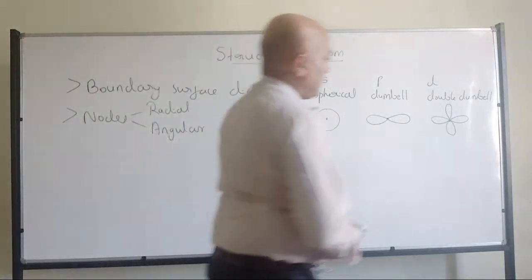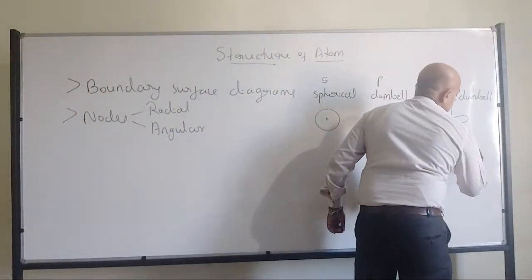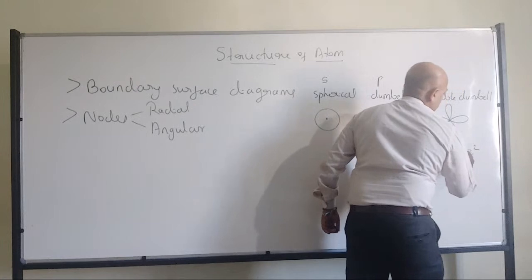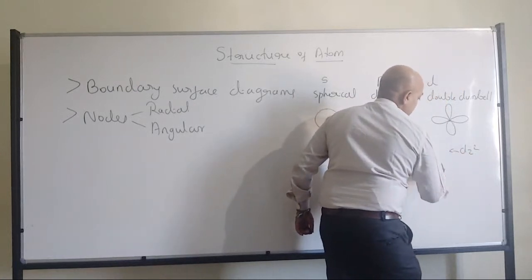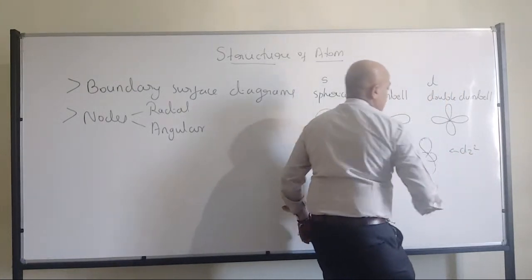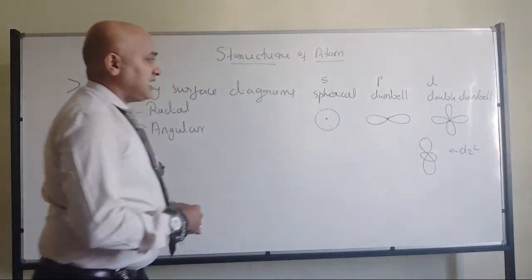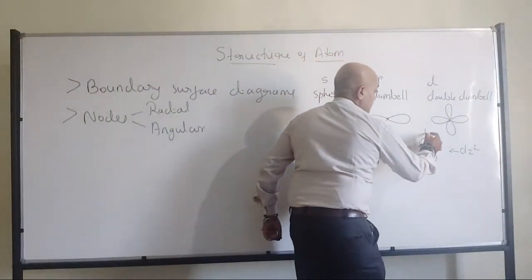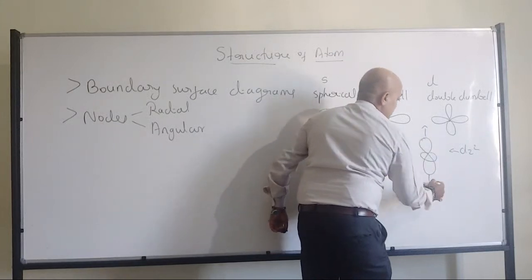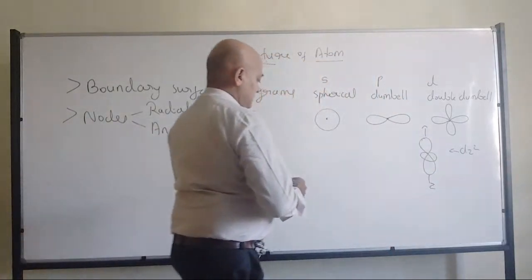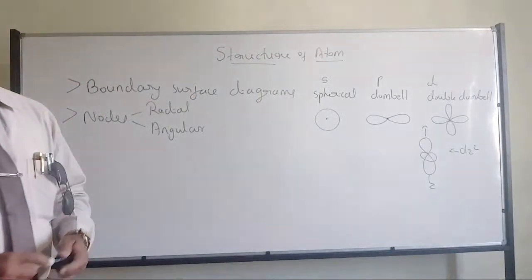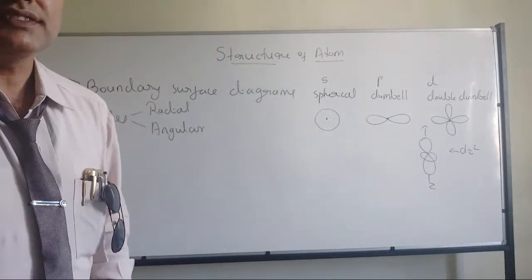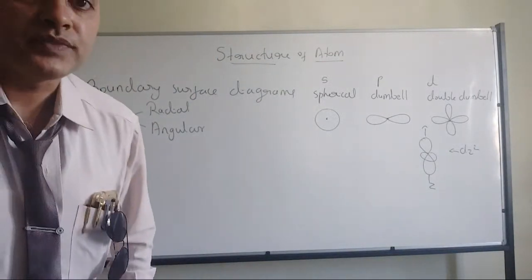Yes, Sahana, very good. That is dz square, which has this type of structure, right? If I consider this one as the z axis, that's where I have the dz square.